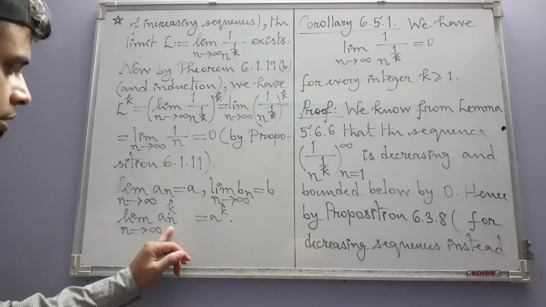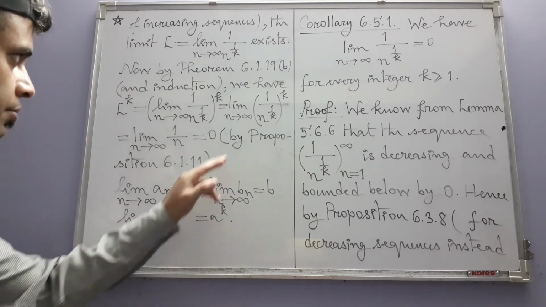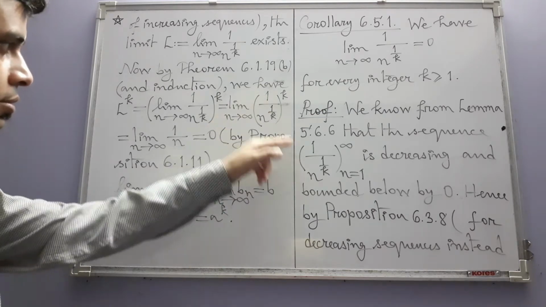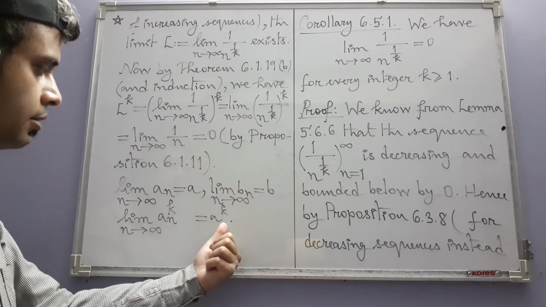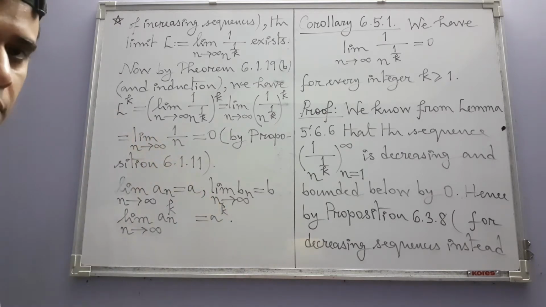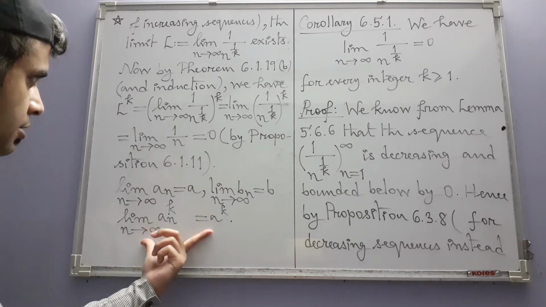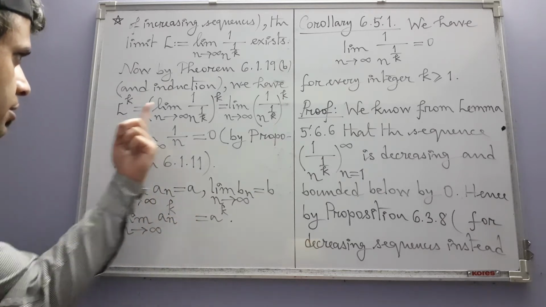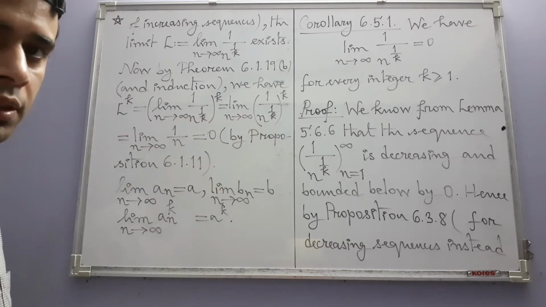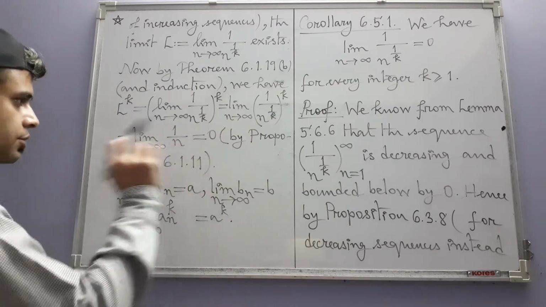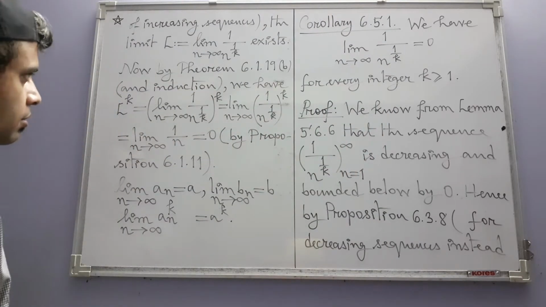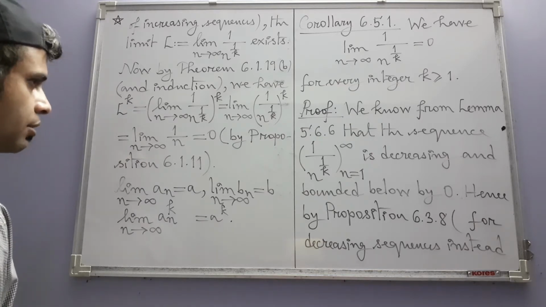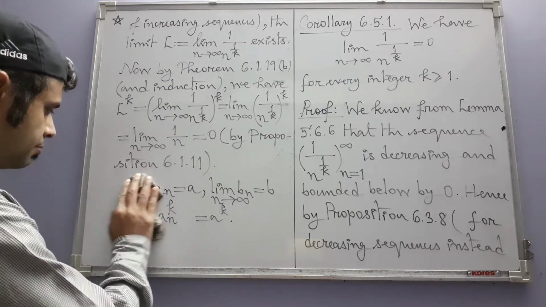Now consider this sequence, that means our original sequence in place of an, and in place of a, of course, you have L. So this is just this equal to this. That's what we have written. And this of course becomes 0. So the kth power of L is 0.